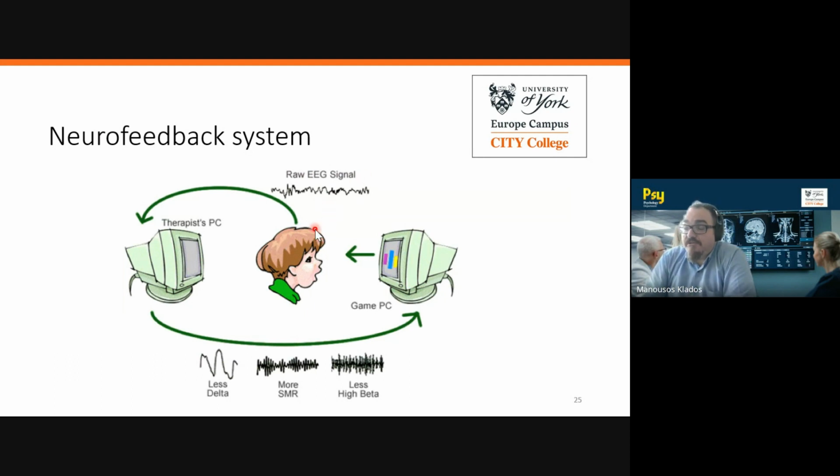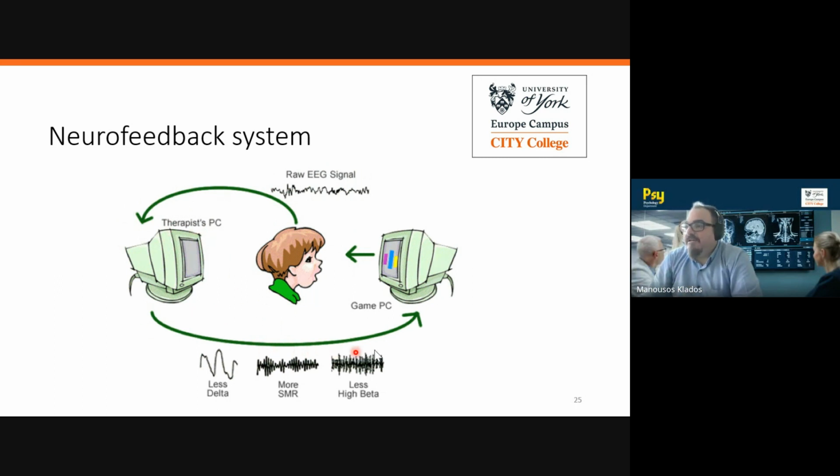How is neurofeedback performed? Here we have the person that does neurofeedback. We record his or her raw EEG signals, which go to the therapist's computer, where the therapist sets some thresholds, telling you that we need your alpha to be higher than this level, or your alpha should be lower than this level, or your theta, your beta, and so on.